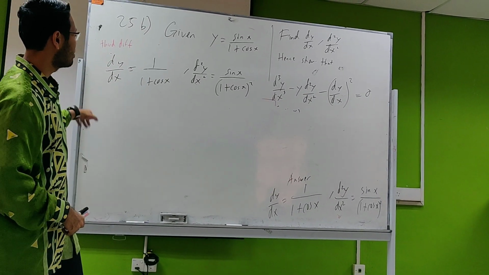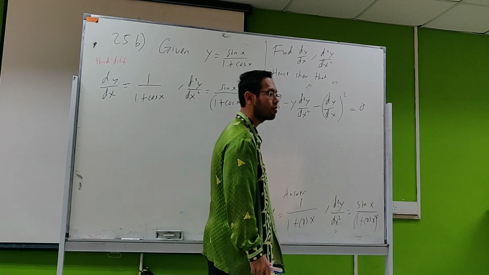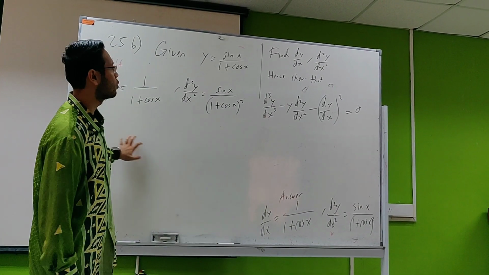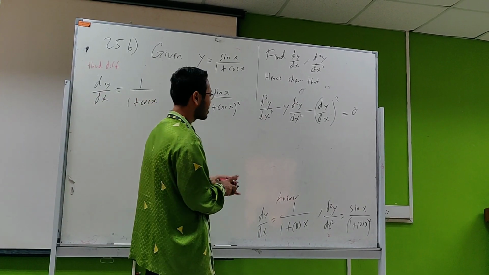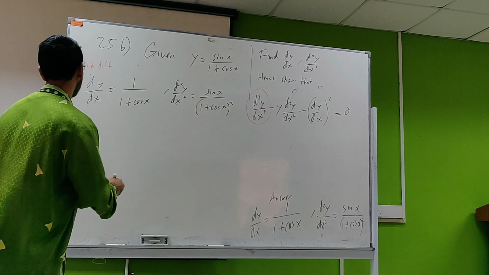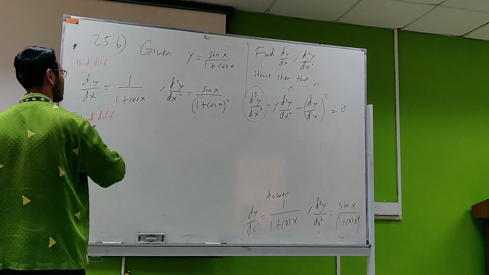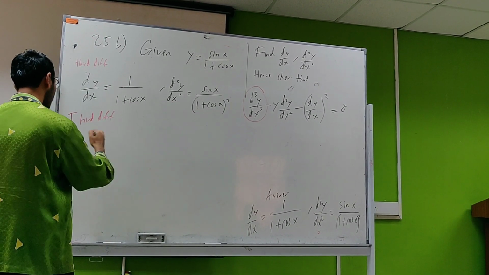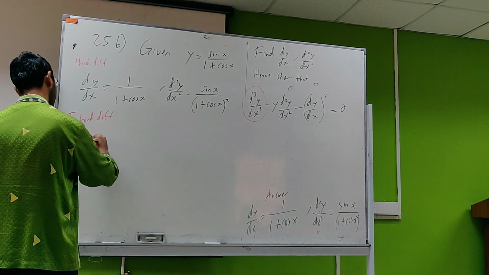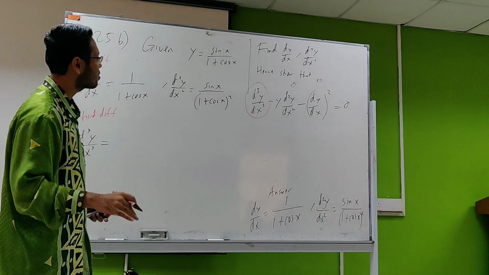Okay, so let me help you a bit, but just on the third derivative. The first two you find on your own, so let's try and find this third derivative. I don't think it's easy, but the process is just the same.